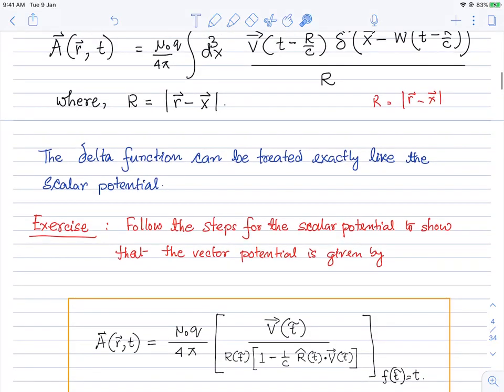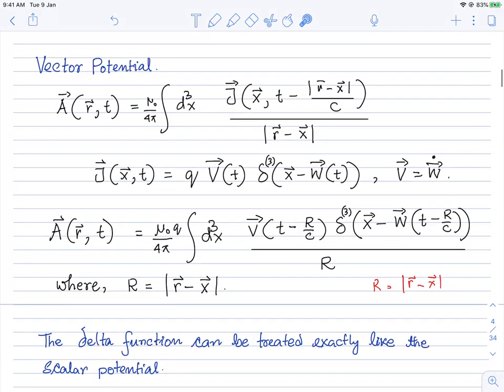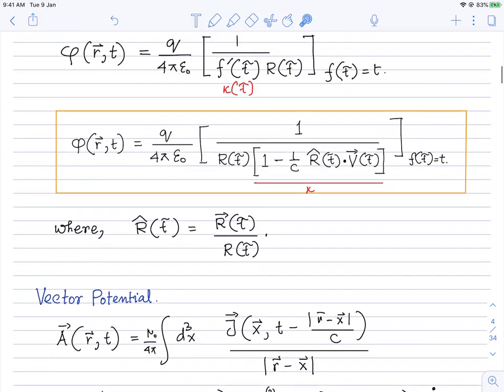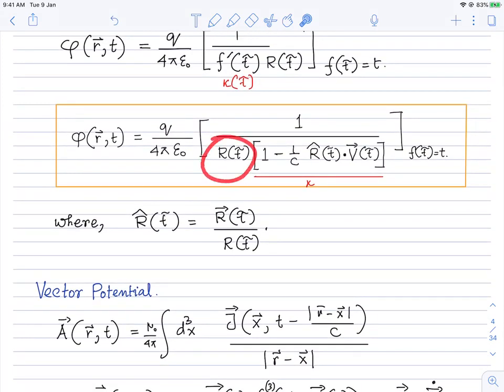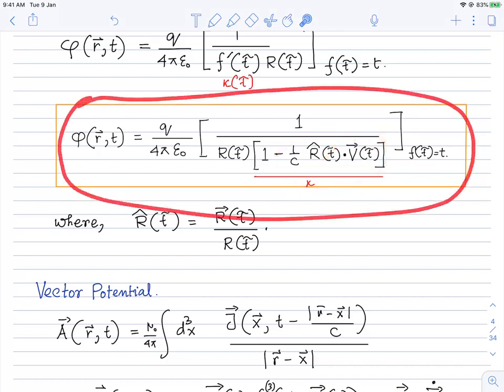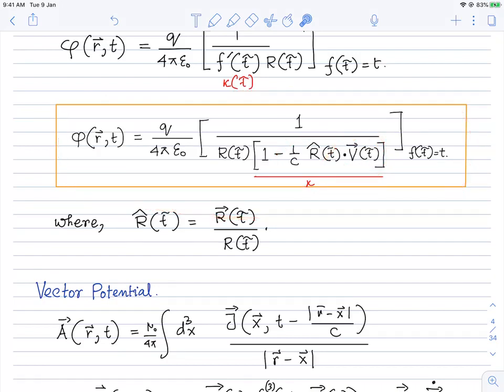Notice both the scalar potential and the vector potential. As you can imagine, if the velocity of the particle is 0, then this term becomes 0, and we immediately recover the potential for a stationary, or static, point charge, and that is basically Coulomb's law.